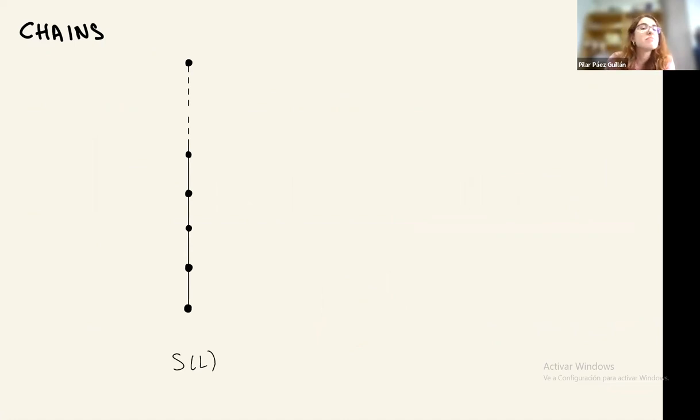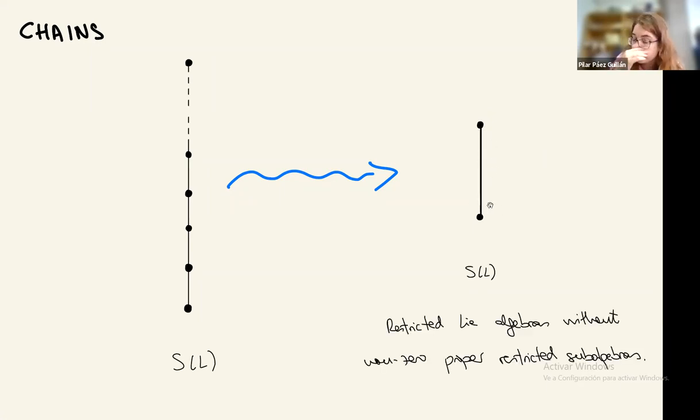Or, if we want to be a little less ambitious to begin, we can ask when a restricted Lie algebra has just this chain of length 1. When a restricted Lie algebra L, which will be this upper point, doesn't have any proper restricted subalgebra different from 0. So which are the restricted Lie algebras without any non-zero proper restricted subalgebra?